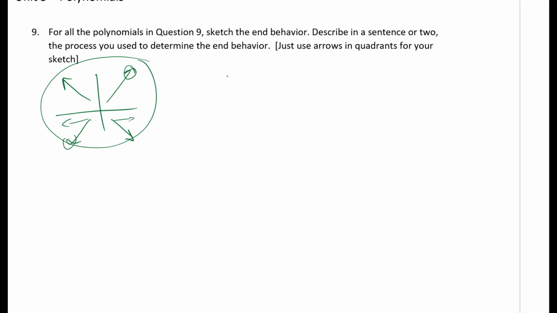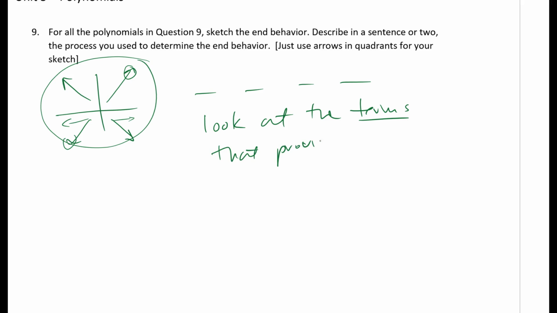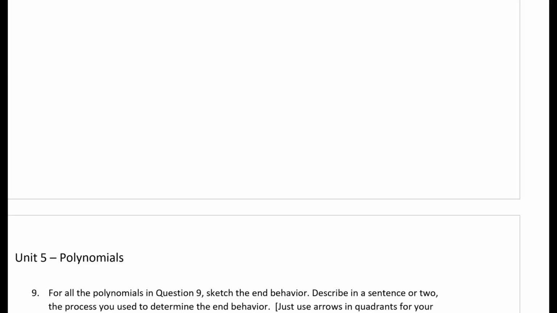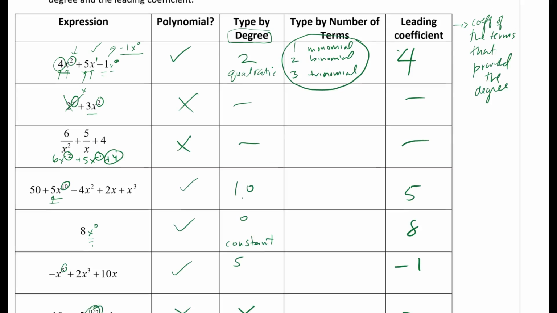And the key idea here is that even though polynomials have lots of terms, if you just look at the term that provides the degree, that highest power term tells you everything you need to know about the end behavior.